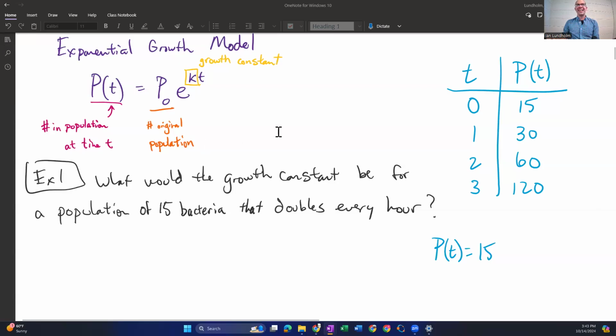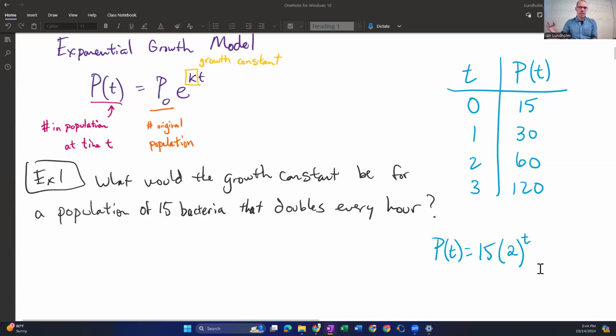But if I want to say doubles every hour, probably what I would do is multiply this times 2 to the t power. That would make it so that when I plug in t equals 0, I would get 15 out because 2 to the 0 is just 1. If I have 2 to the 1 power, I would get 30. 2 squared, I would get 60, so on and so forth.